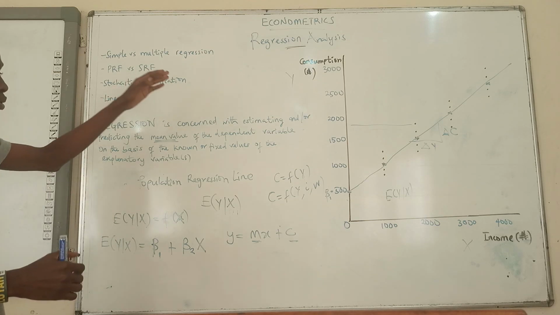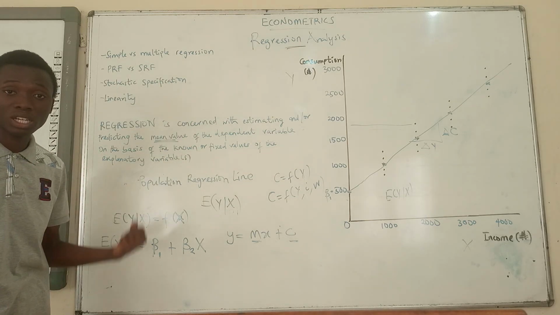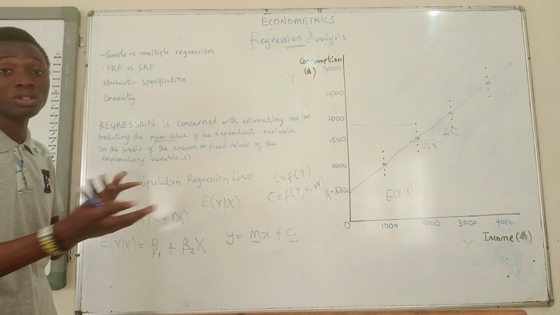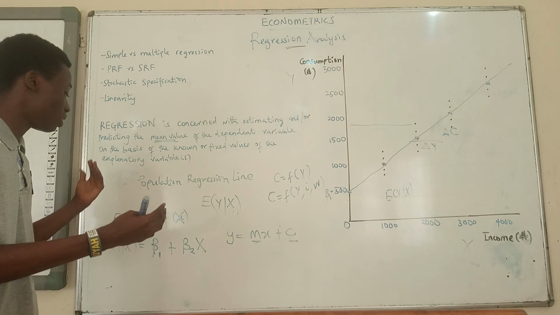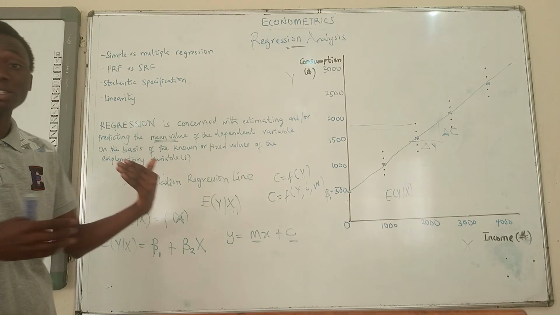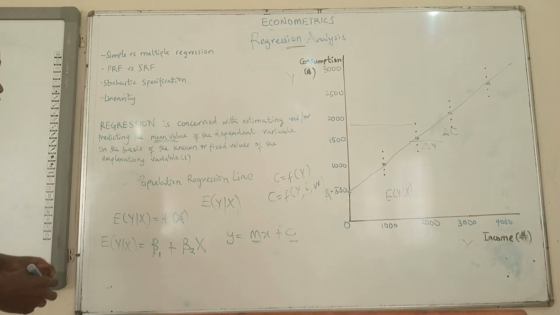To go to the sample, I mentioned earlier that if we just extracted from the population of study, then whatever we are doing, we just have a sample. So instead of population regression line, you have sample regression line, and instead of population regression function, you have the sample regression function.